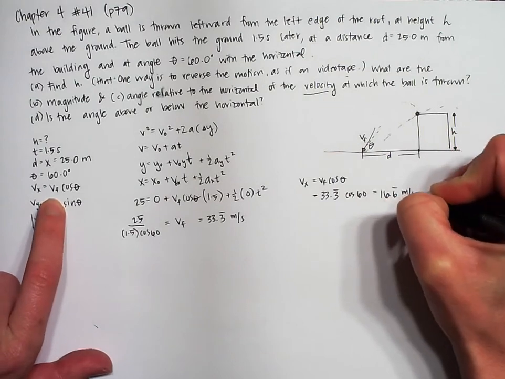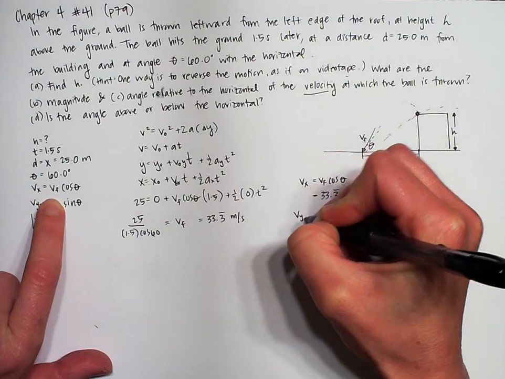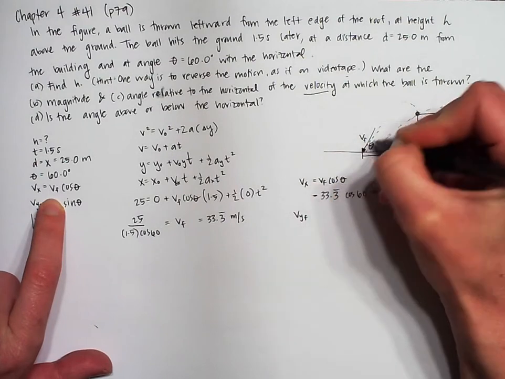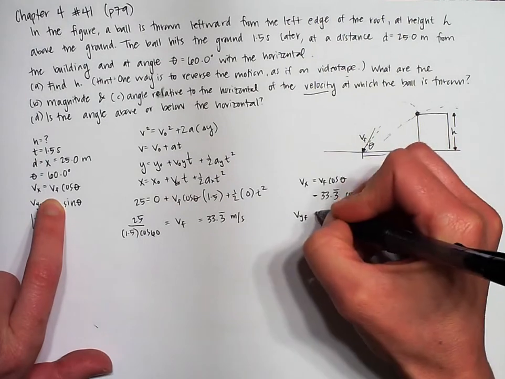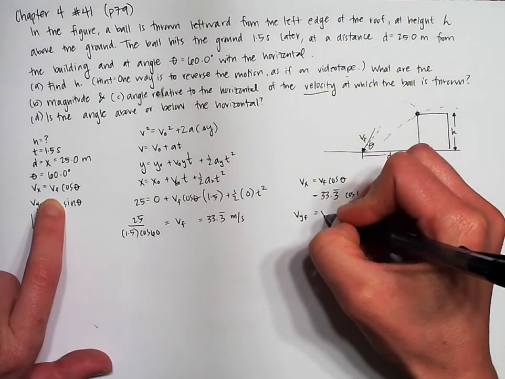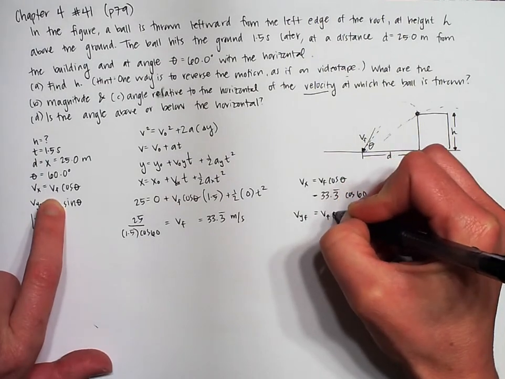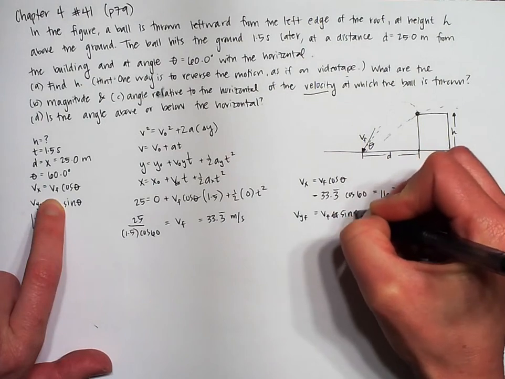That will equal 16.6 meters per second. My Vy final, and again, this is right here at the end because we're throwing it initially off the side of the building, is going to be v final sine theta.